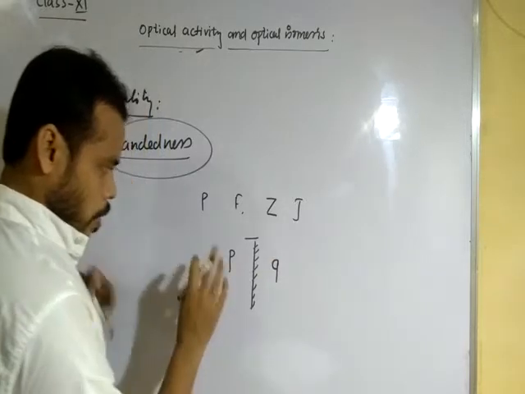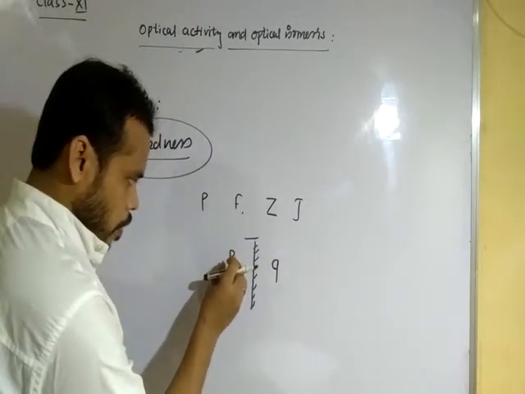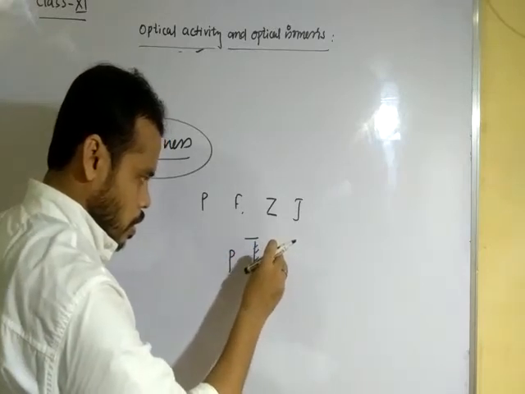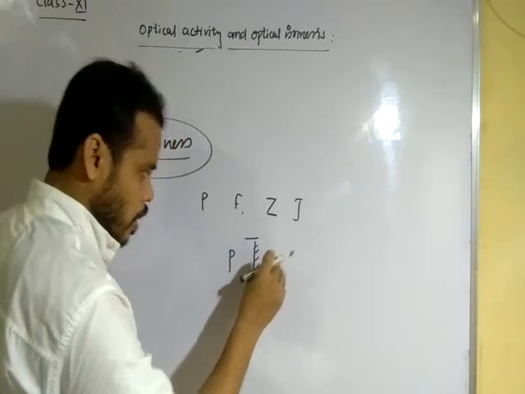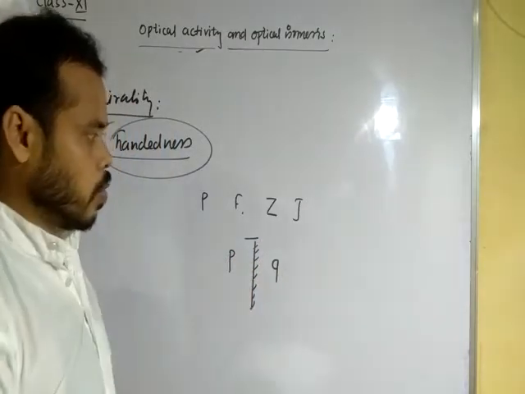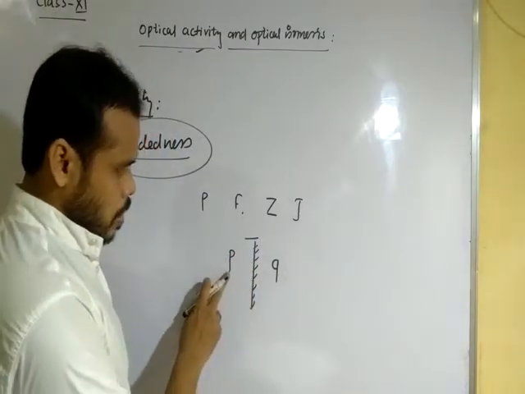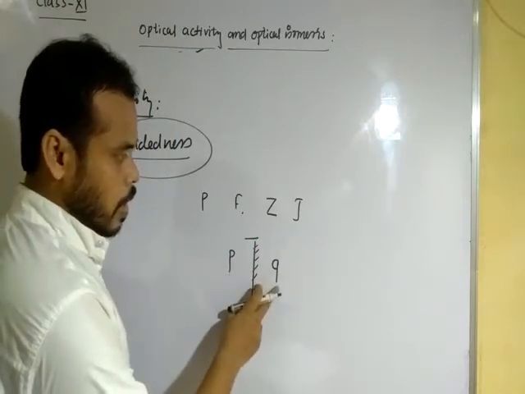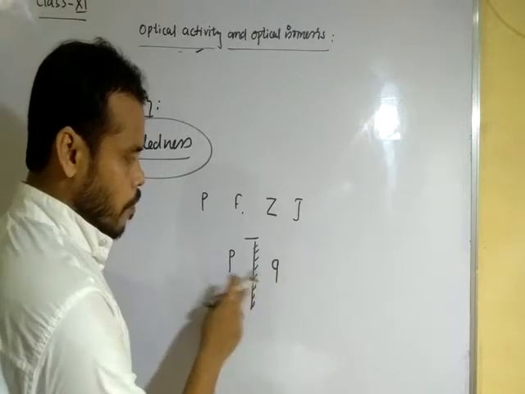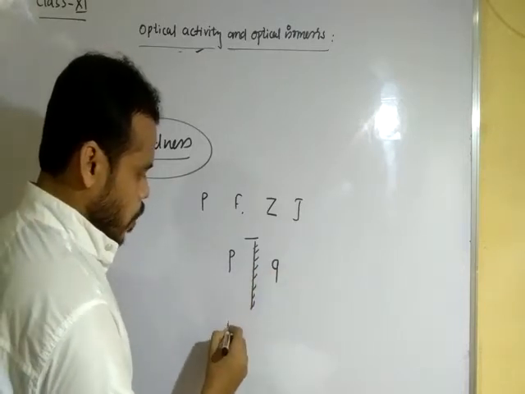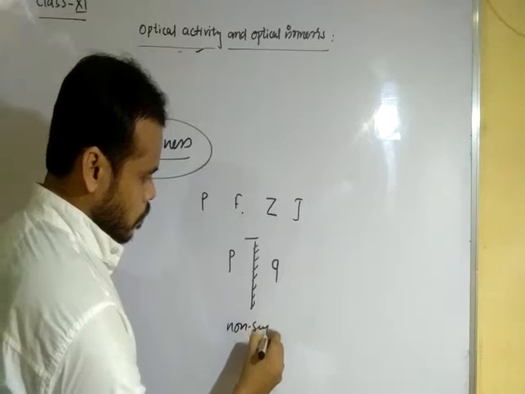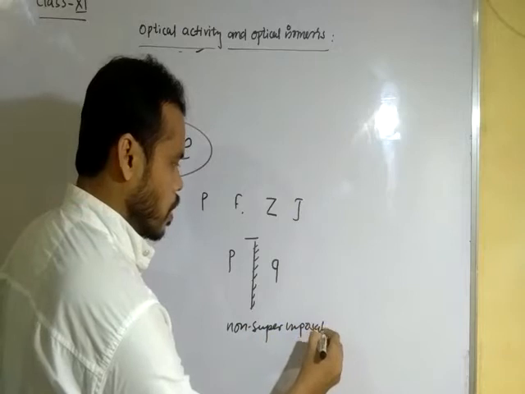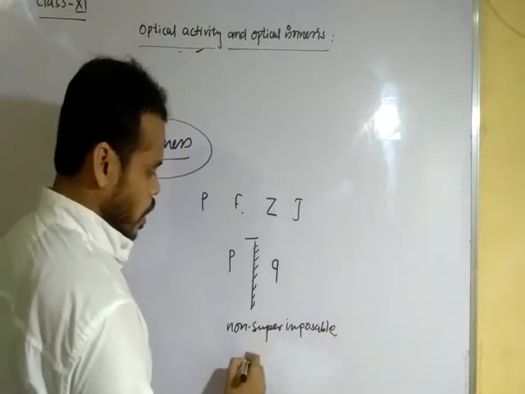When P is placed against its reflection, they will not be the same as each other, but each is the reflected form of the other. Okay, dear student, so it is called a non-superimposable mirror image.